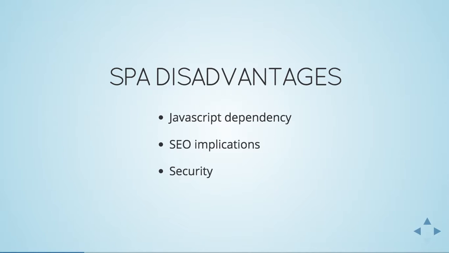Another disadvantage can be intellectual property and security of your code. So given that your application's logic is written in JavaScript, it's accessible client-side by definition. So with a single-page application, you should always obfuscate your code, first off, by using things like uglifiers in your development workflow.